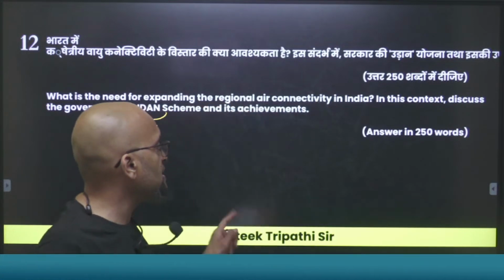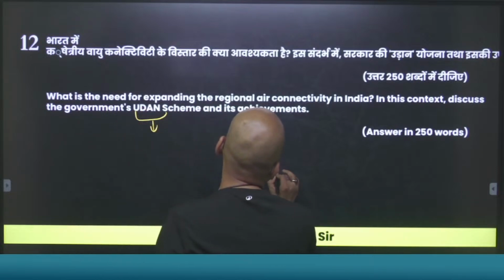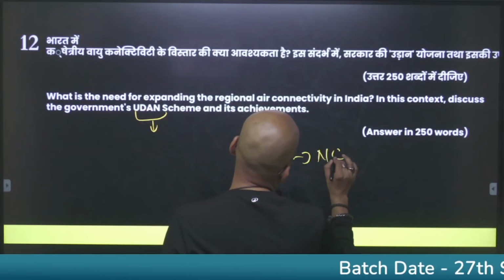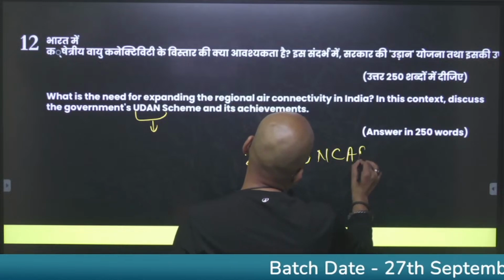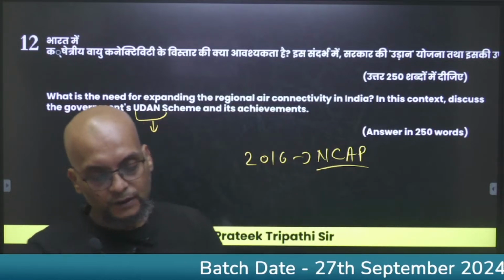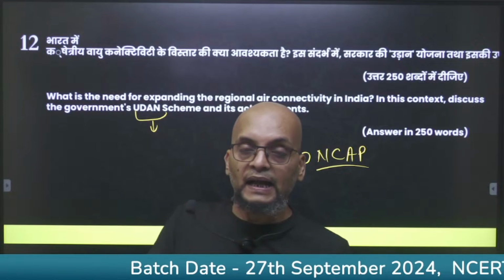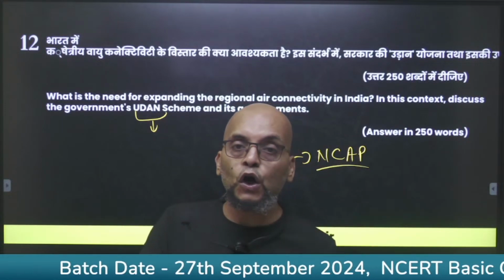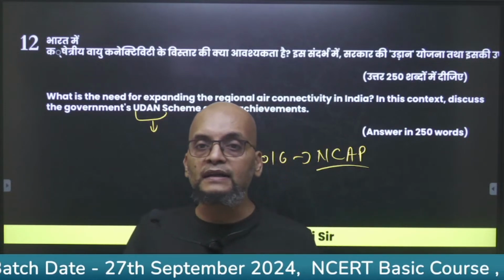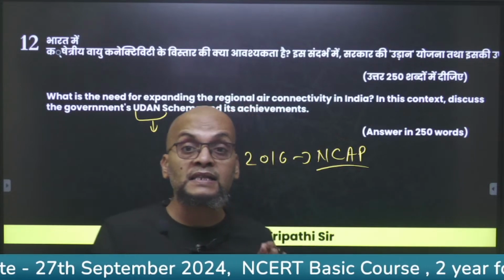Okay. So, due to these problems, due to these factors, in 2016 the government introduced the National Civil Aviation Policy, called NCAP. And under this policy, the government introduced the Regional Connectivity Scheme, RCS.